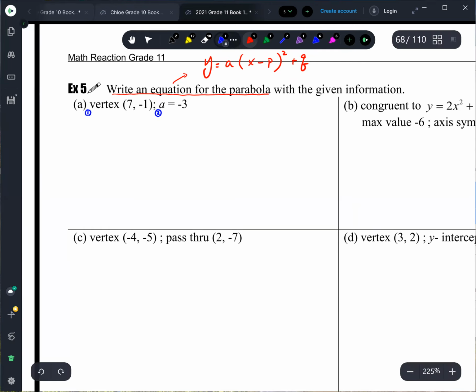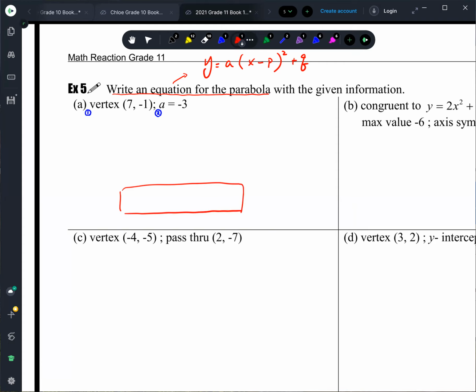So once you have the equation, please box it, put it in jail, right? All right, raise your hand if you have the equation already.